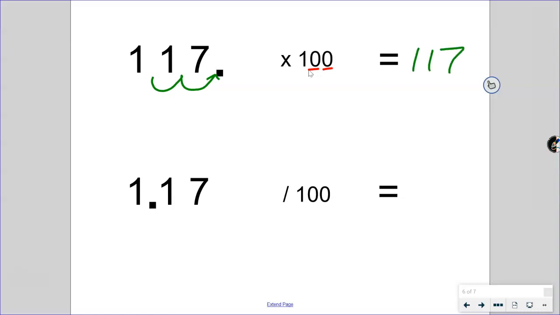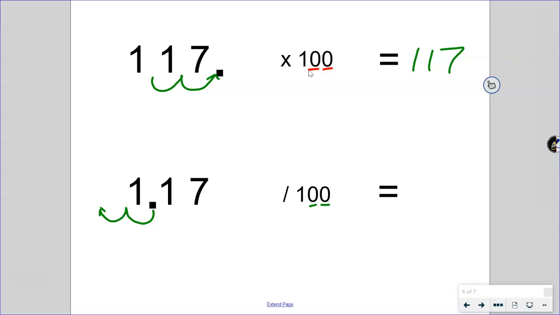Now, on the bottom here, we're taking a pretty small number and splitting it up by a lot. We're taking 1 and 1700ths and dividing it into 100 equal groups. So in this situation, we are taking that decimal point, we are moving it to the left, and we're going to do it 2 times. So I'm going to take this decimal and I'm going to move it 1 spot, 2 spots to the left.